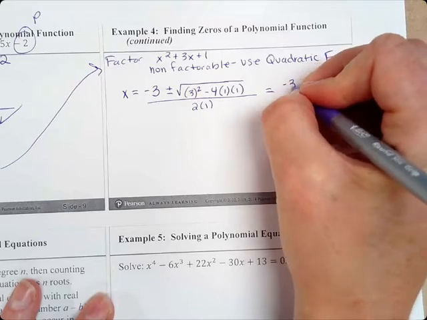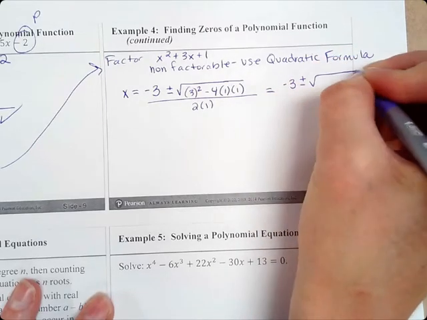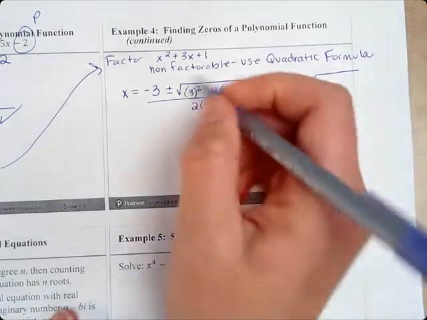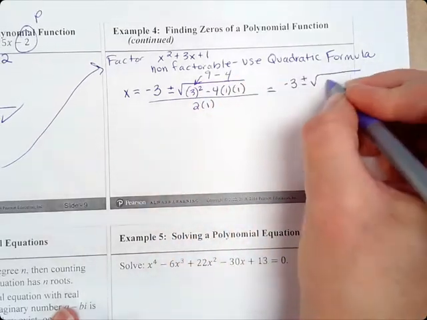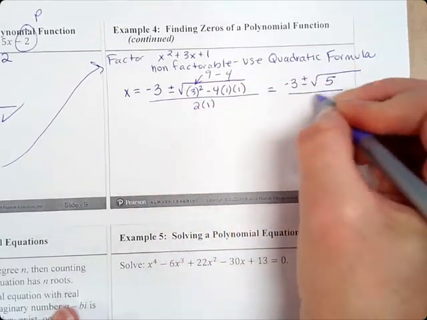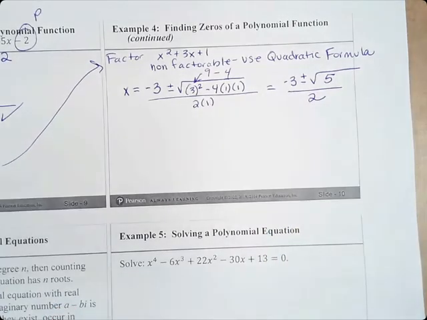So negative 3 plus or minus the square root of, let's see, this would be 9 minus 4, 5, over 2. So that gets the other 2, and I can't simplify that anymore.